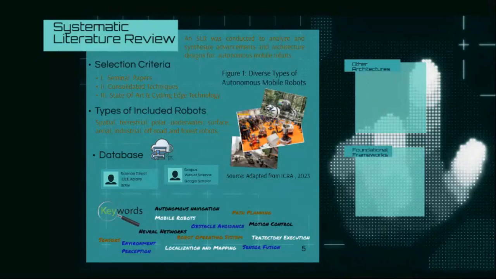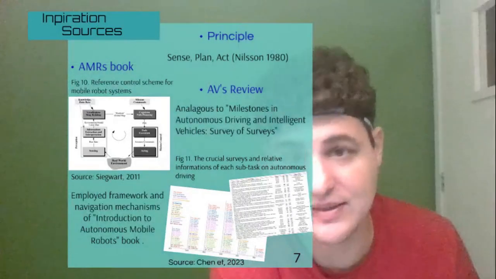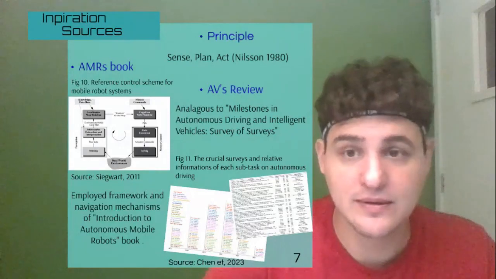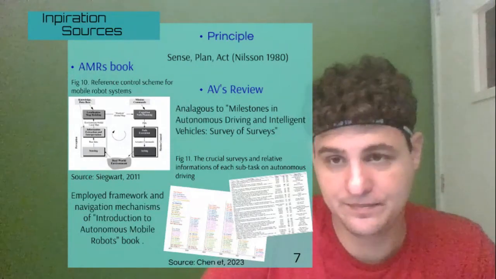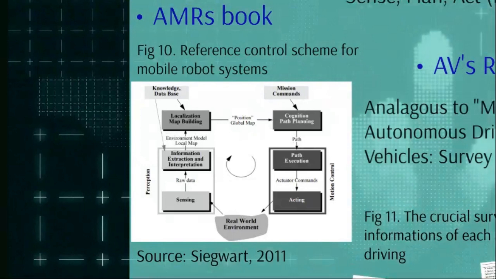Well, what are my inspirational sources? I have inspired myself in the Sense Plan Act, reading the seminal paper of Nilsson. Also, the Introduction to Autonomous Mobile Robots book, which is a very interesting and complete book, which depicts all the phases of autonomous mobile robots.